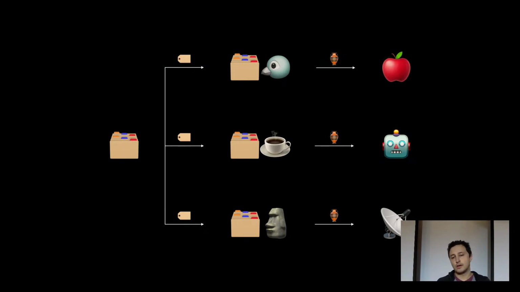So APIs Swift ships to Apple platforms, APIs Kotlin to Android and maybe some Java backends that we might have, and APIs Go is mostly focused on backend integration.